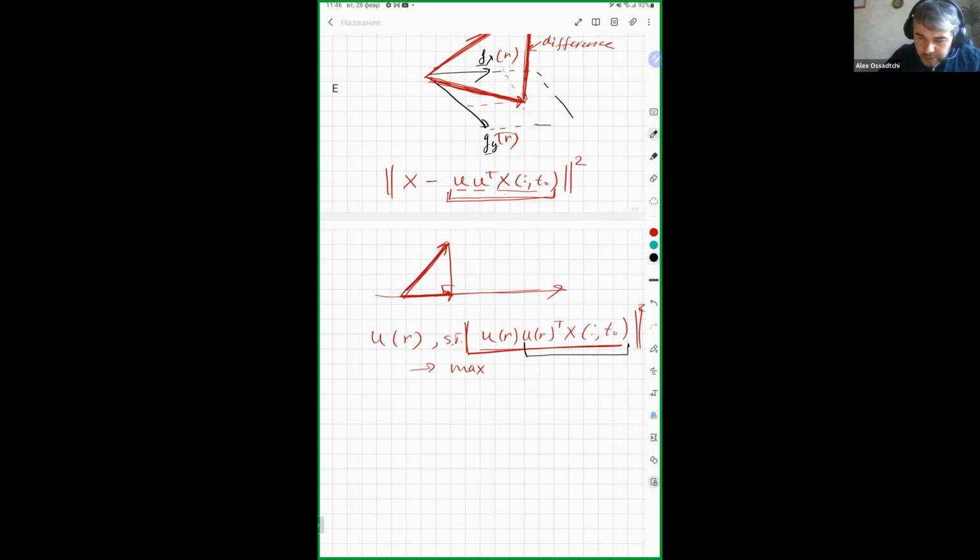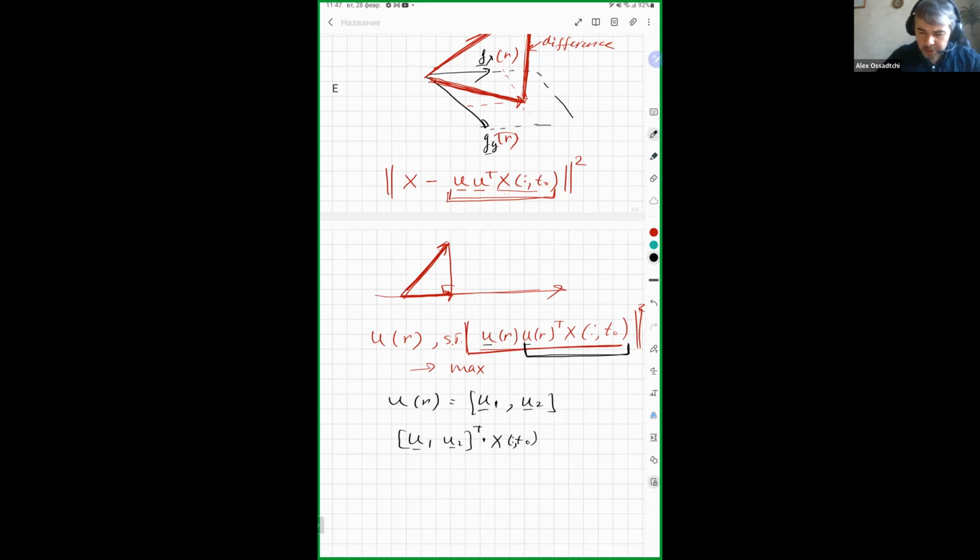This thing is simply, again, U is a matrix, and U of R has columns u1 and u2 in this case, or maybe u3 if you have a three-dimensional model, but let's assume two to save space and time. You are taking the transpose of this, so it will be u1 and u2 transpose multiplied by your data vector.